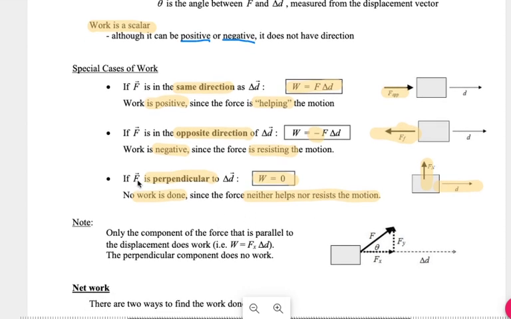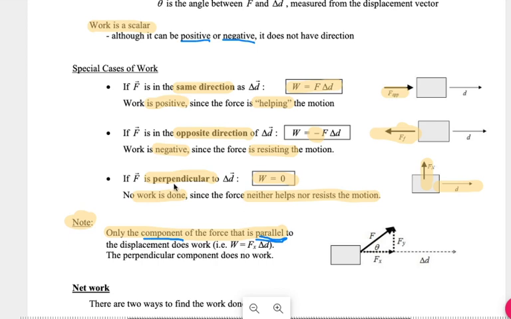So from this idea of perpendicular forces resulting in zero work, we can come up with this idea that you need to be parallel. If perpendicular is zero and parallel is the full amount, only the component of the force that is parallel matters. That's really important. We're looking for parallel components to determine the work. So if the force is parallel to the displacement, it's doing work.